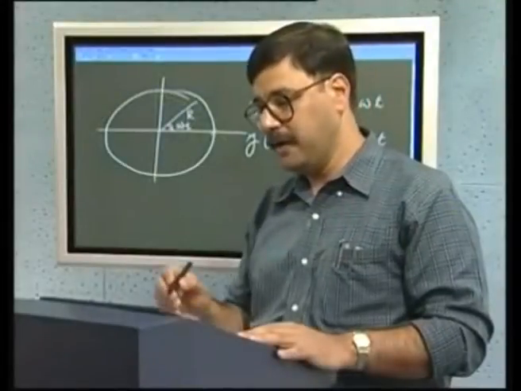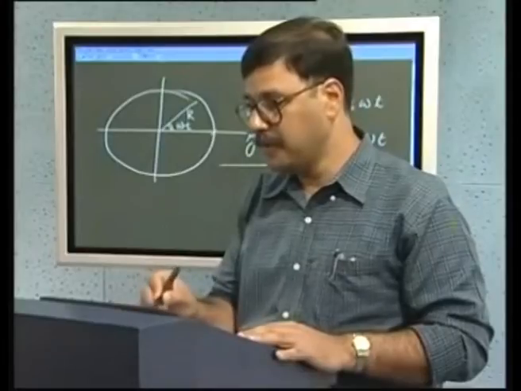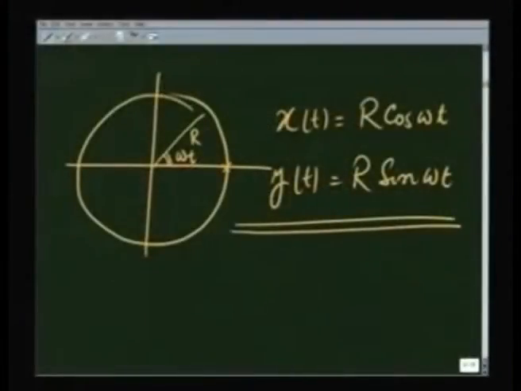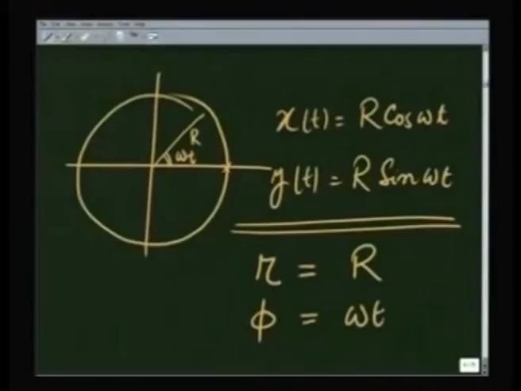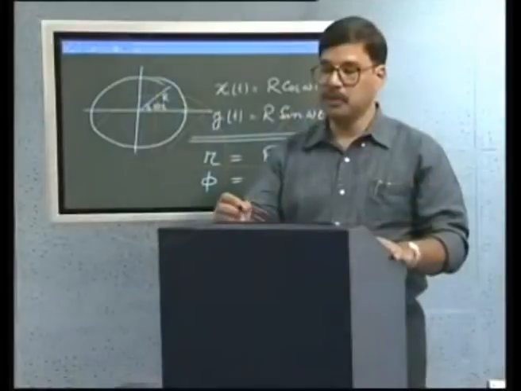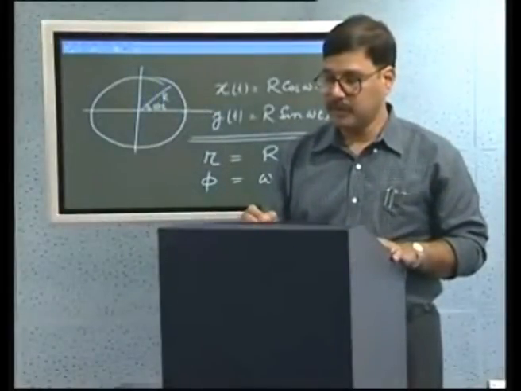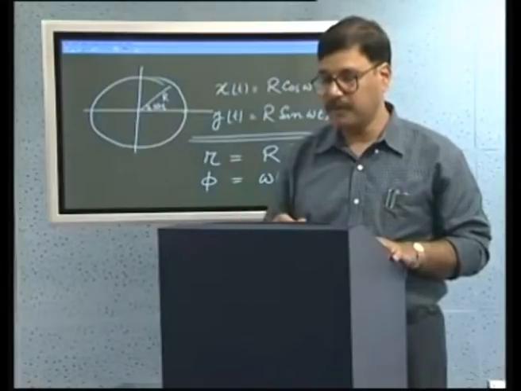On the other hand, I could very well write this position as the radius of the circle being constant with time, equal to r, and the angle of the radius vector to be equal to omega t. You appreciate the difference between the two descriptions, one in terms of x and y coordinates and the other in terms of r and phi coordinates.